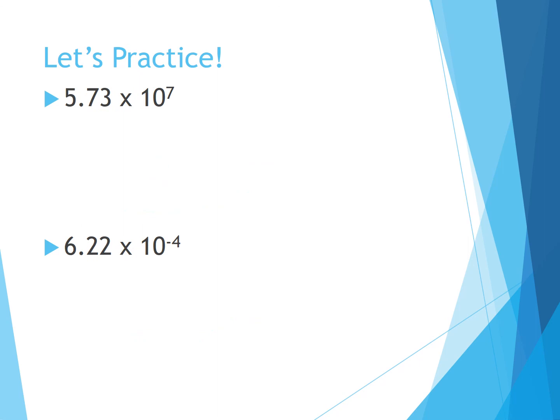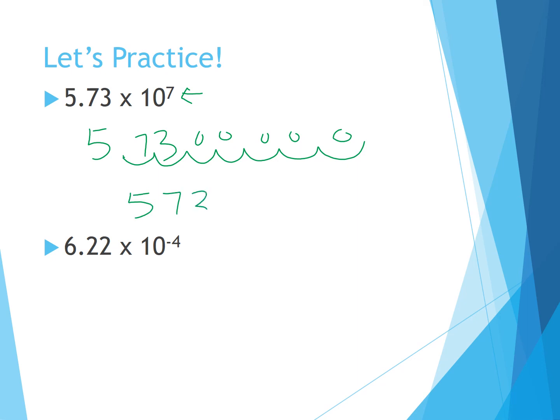All right, let's do that again. So we have a positive, which means we're going to move it to the right. So I have 5.73. Move that 1, 2, 3, 4, 5, 6, 7. Add zeros in. So I'm going to have 5, 7, 3, 1, 2, 3, 4 with the 5 zeros.